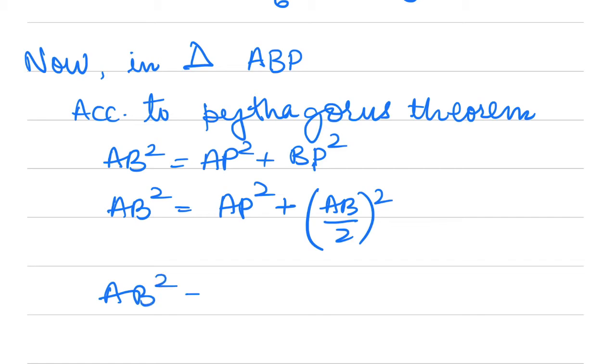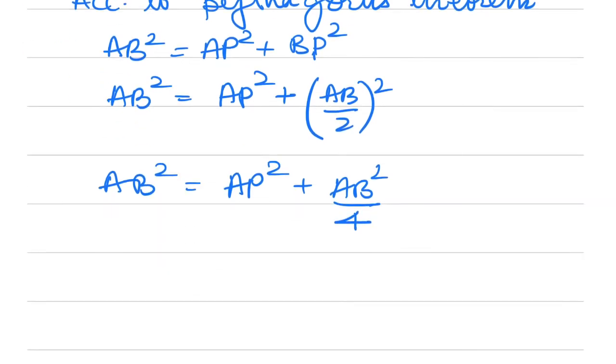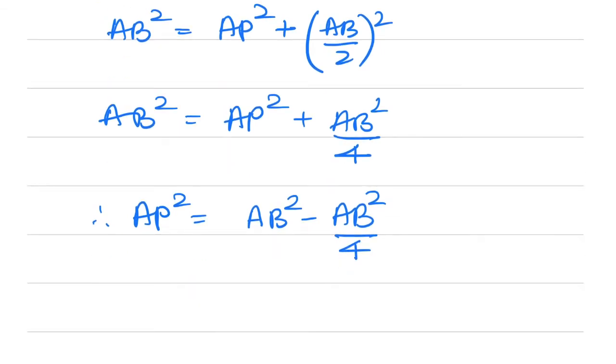AB square is equal to AP square plus AB square by 4. Therefore, AP square is equal to AB square minus AB square by 4. So this we get as 3 AB square by 4.